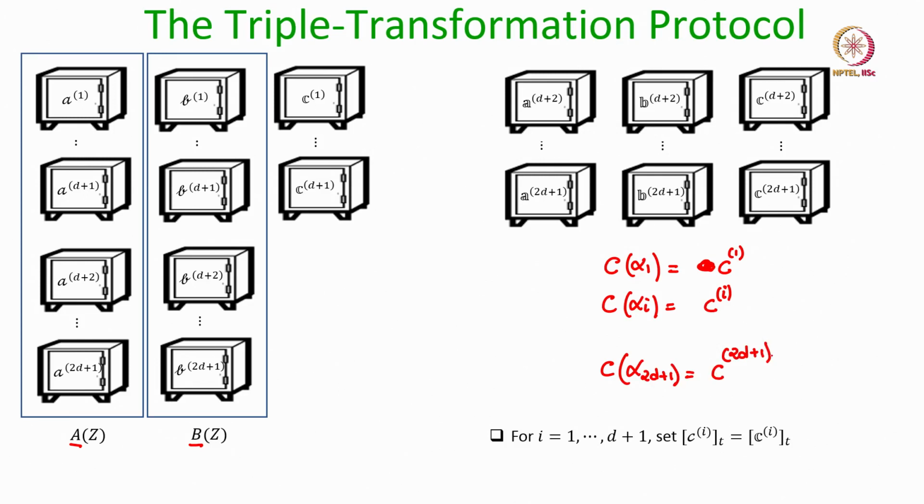If I do this, then you will say that okay, I have now an A polynomial of degree d, B polynomial of degree d and C polynomial of degree 2d, fine. One of the requirements of the triple transformation protocol is achieved. But if I define my C polynomial like this, then it is not guaranteed that the C polynomial is the product of the A polynomial and B polynomial, even if all the input triplets are multiplication triplets.